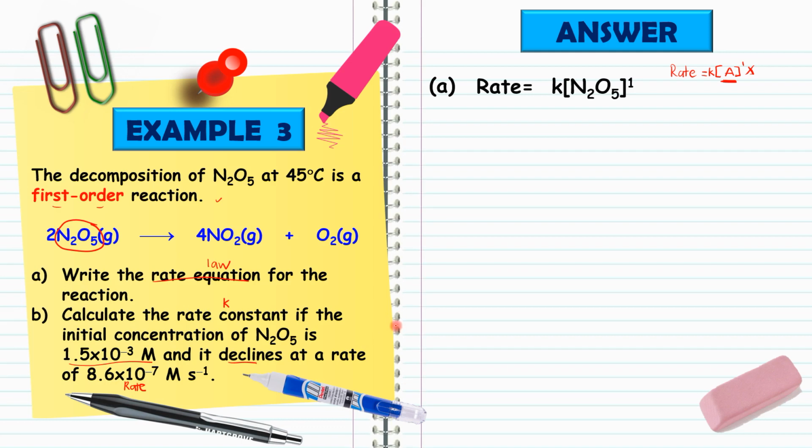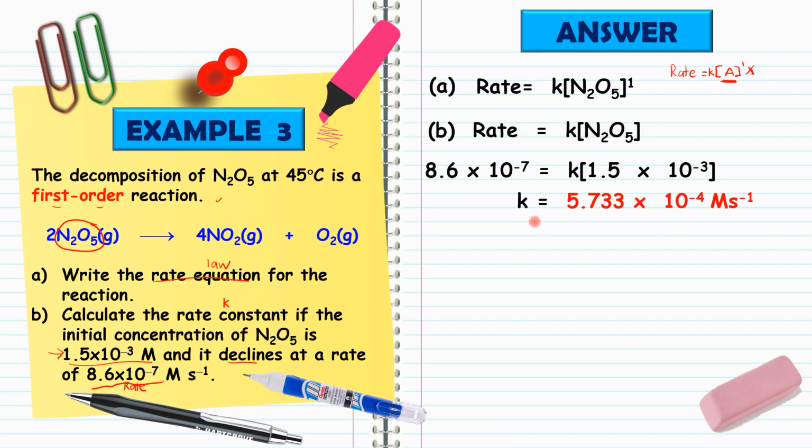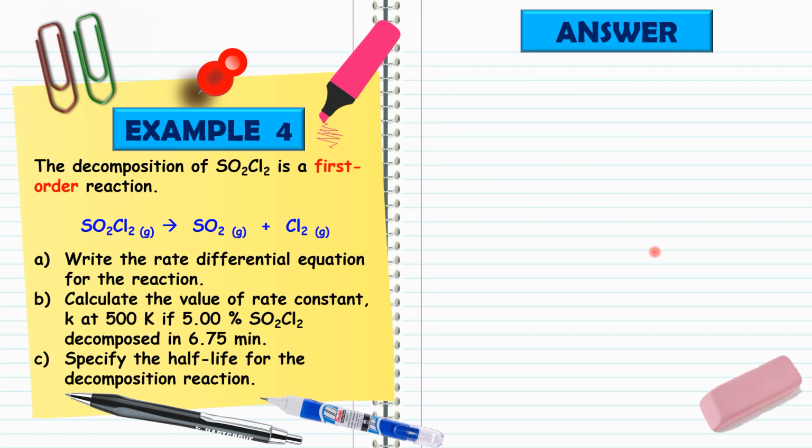By using the rate law: rate equals k[N2O5]. We substitute the value of the rate and the initial concentration, and we find that k is 5.733 times 10 to the negative 4 molar per second.